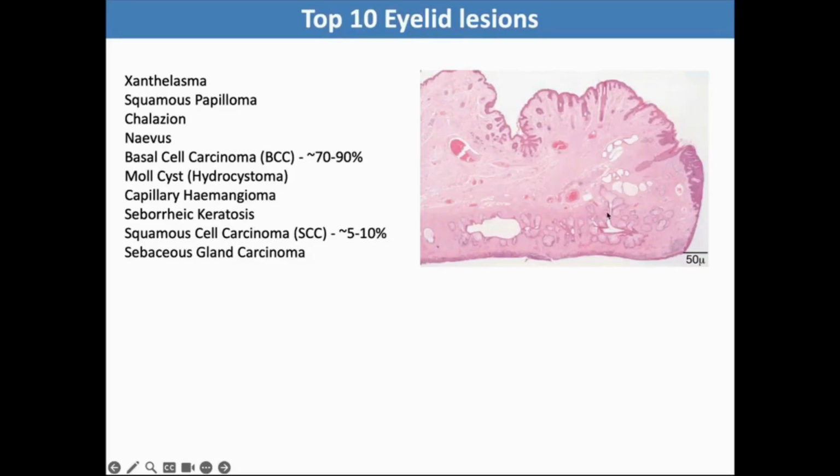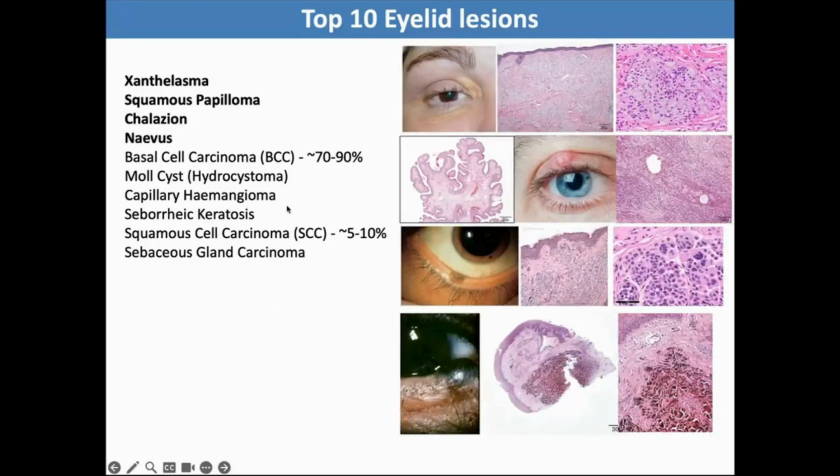So arising from the eyelid, you have a number of lesions which can arise either from the epidermal side or the conjunctival side, and indeed can occur within the tarsal plate and arise from a range of the different apocrine, eccrine, and sebaceous glands. So let's start off with the most common ones.